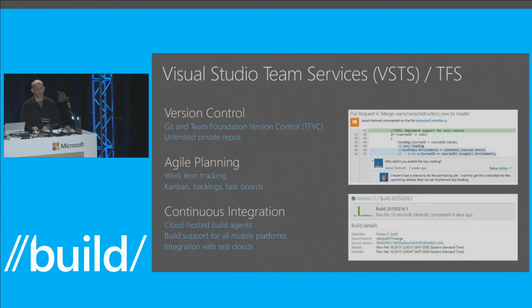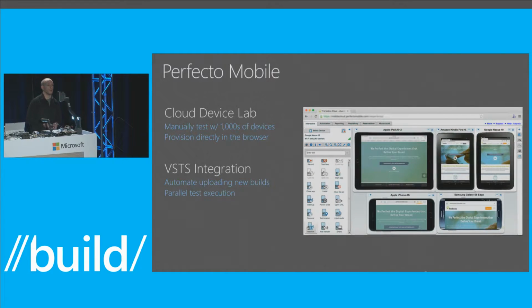And finally, one other product that I just want to mention is a great partner of ours called Perfecto Mobile. And really where they come in is they provide a very rich device lab with thousands and thousands of mobile devices on different connectivity, different device configurations.